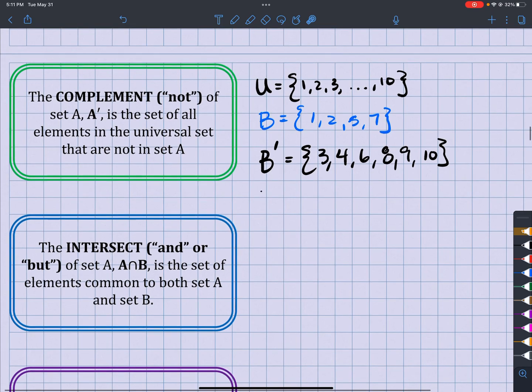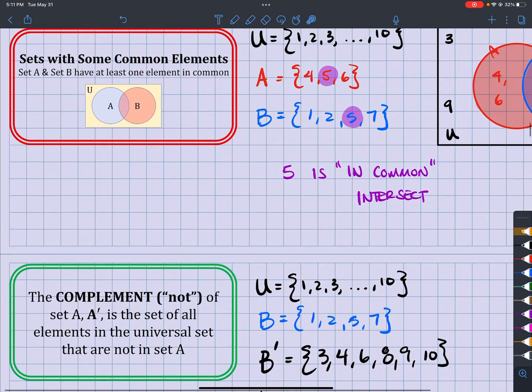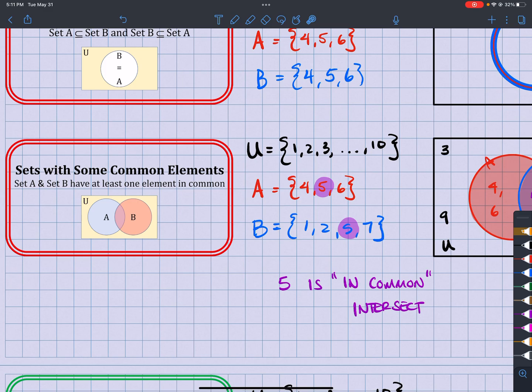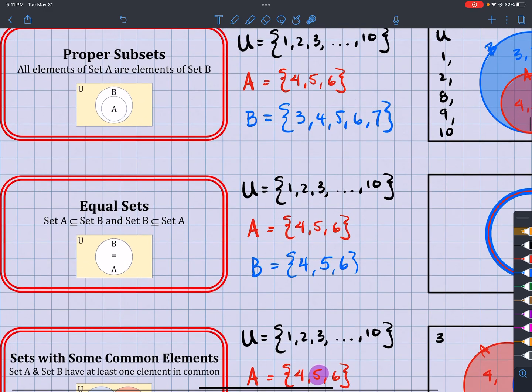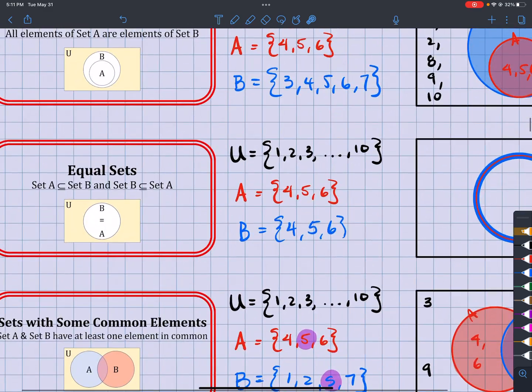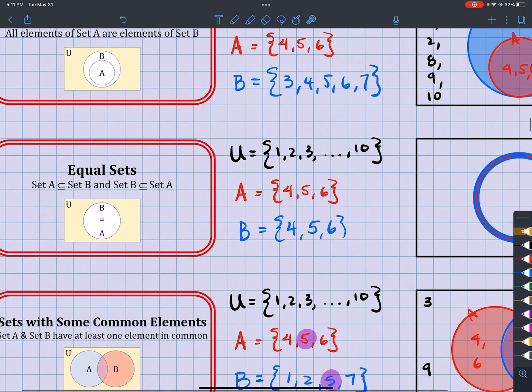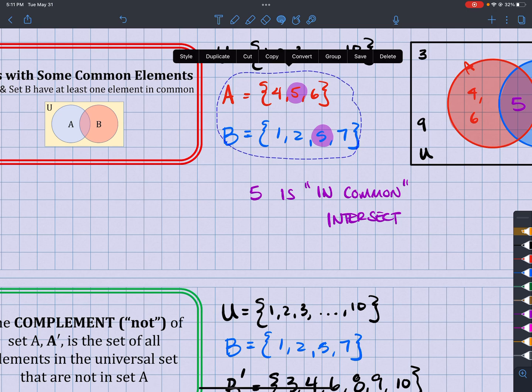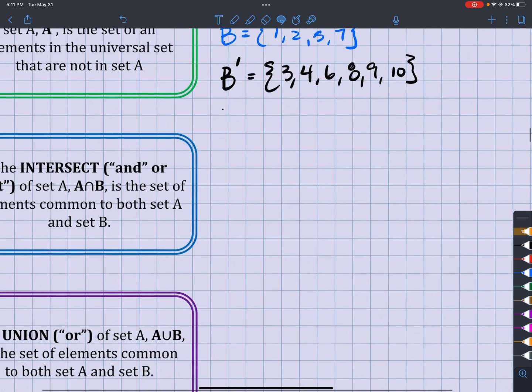Now, the intersect. All right, so since we talked about it here, let's go ahead and copy that, bring it down.